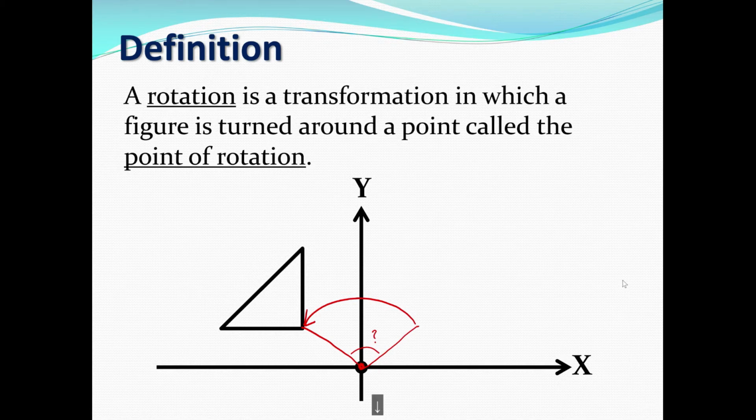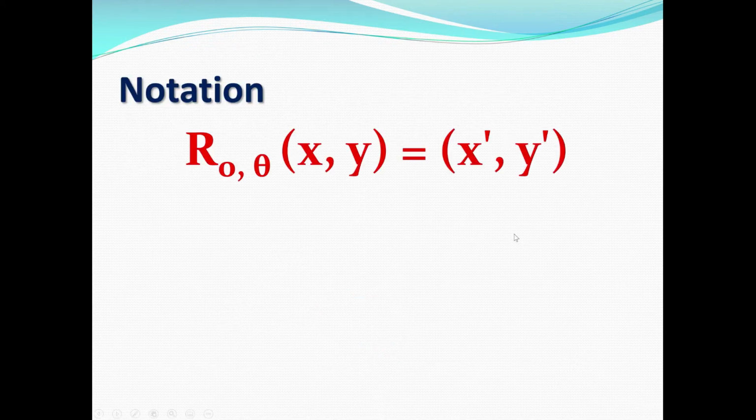So here's the notation for rotation. It's a capital R, okay? So now we have to be careful to use capital R because lowercase r is designated for reflections, okay? So the first point here, or the first subscript in this case, that is the point of rotation, okay?